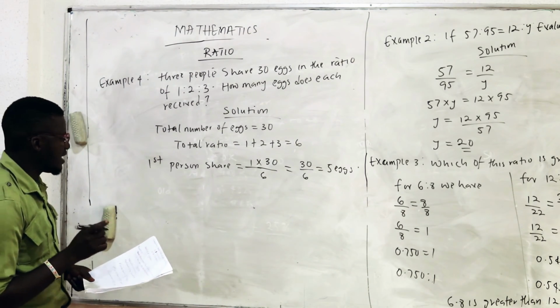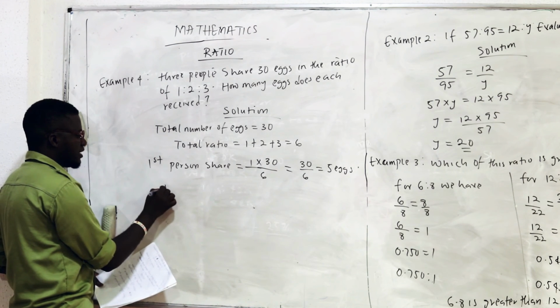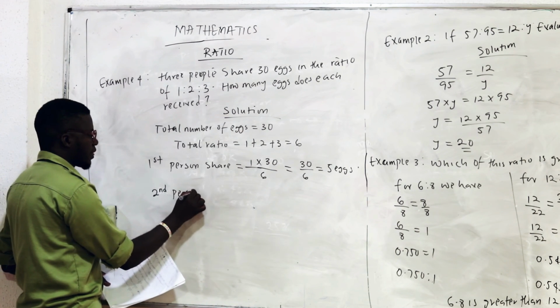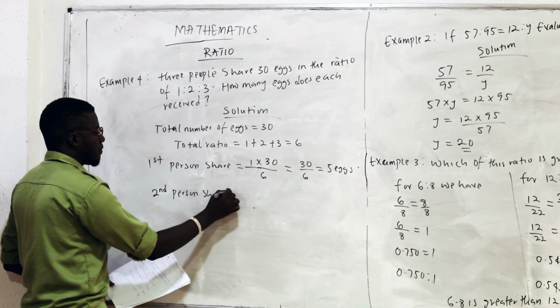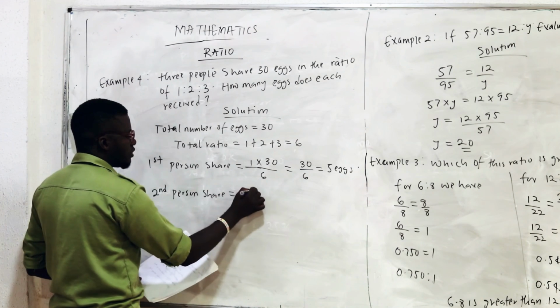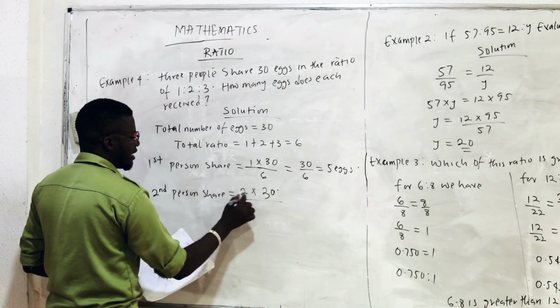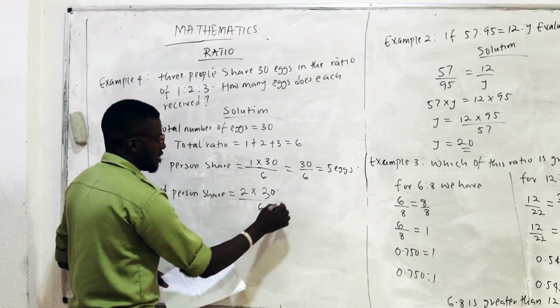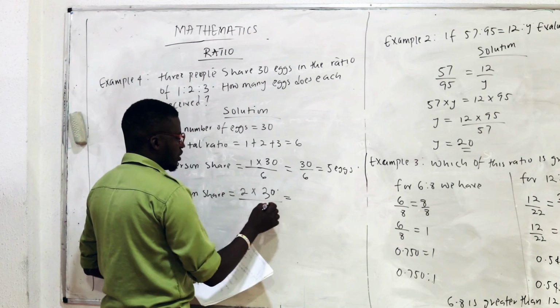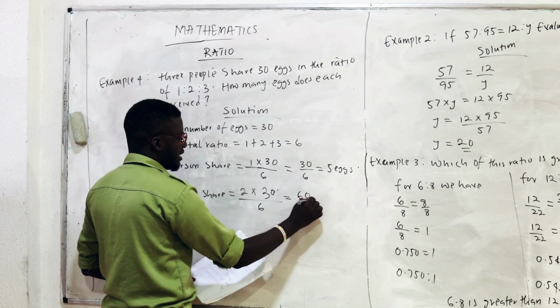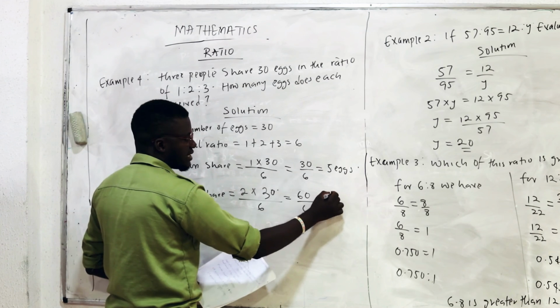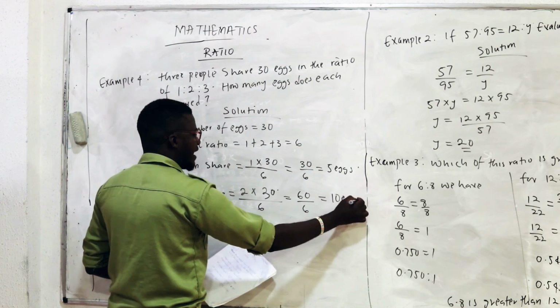So the first person share is 5 eggs. Now the second person share is equal to 2 times the total number of eggs, which is 30, divided by the total ratio, which is 6. So I have it to be equal to 2 times 30 will give me 60 divided by 6. So 60 divided by 6, I'll have 10 eggs.